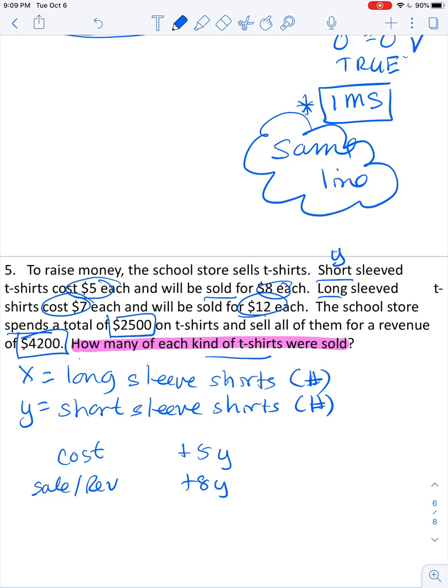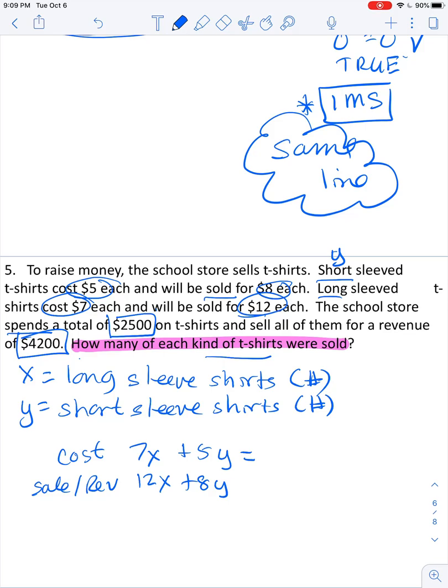Okay, how about long sleeve? Well, long sleeves cost $7 and are sold for $12. Now, the reason I'm putting an X with them is that it's each. So it's $7 per long sleeve, $5 per short sleeve.